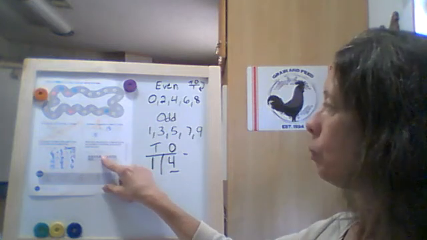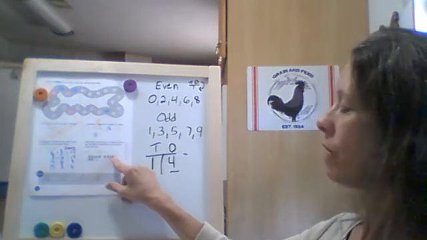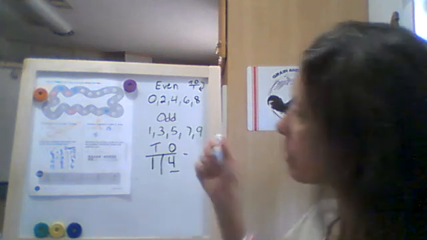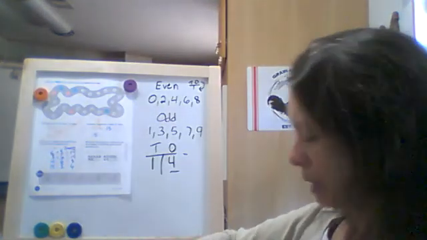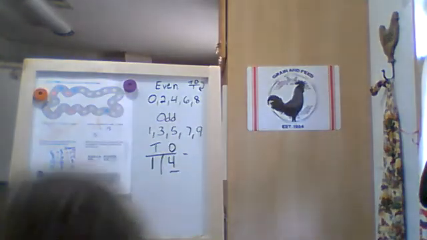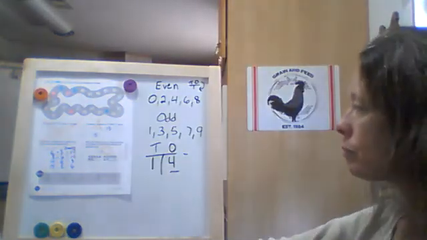I see 1, 2, 3, 4, 5. Uh-oh. What did Mick forget? He forgot 2 extra dots. Okay, so I want you to do that. And then give me this answer right here. That's what I want you to do.